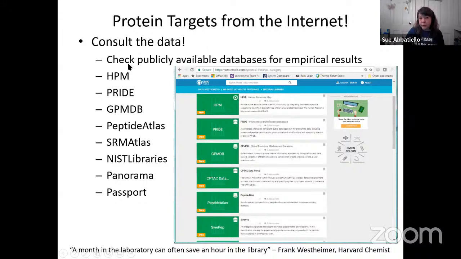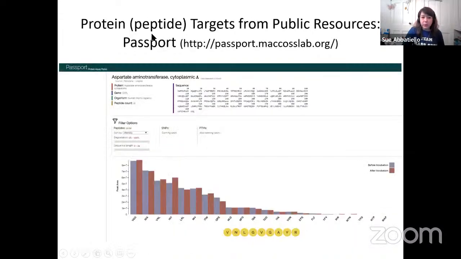There are some resources you can use to seek out this information. There are a lot of publicly available databases. Panorama is a great one for looking at targeted workflows. PeptideAtlas was generated a while ago, and this looks at the most intensely observed peptides after a tryptic digest of a particular protein, so this is based on empirical information.